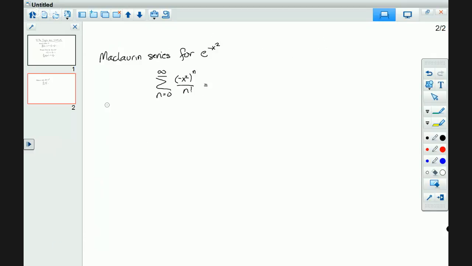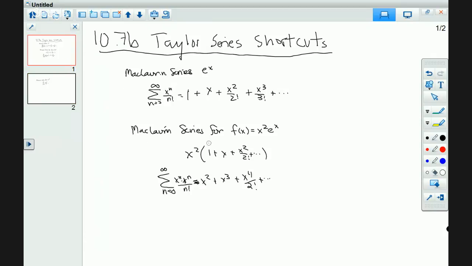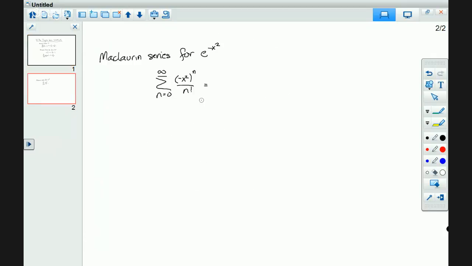So if we go back, everywhere there's an x, I put a negative x squared. So it's going to be 1 plus negative x squared. I always want to put it back for that.